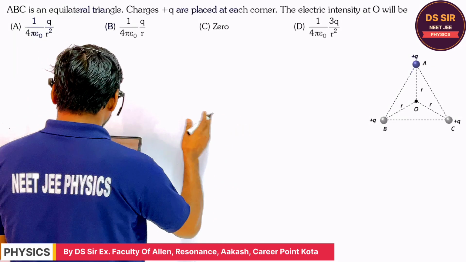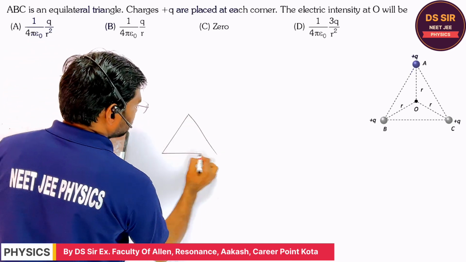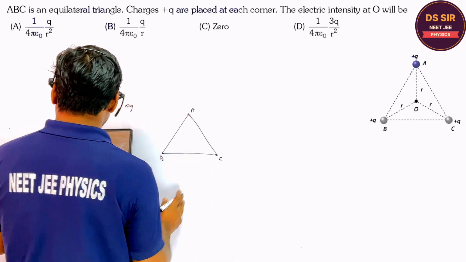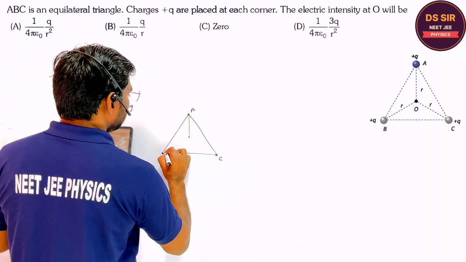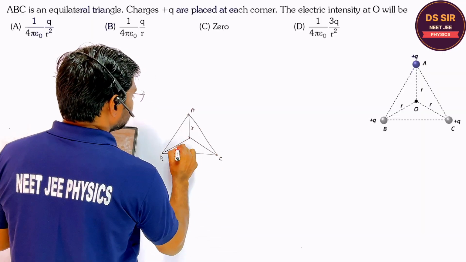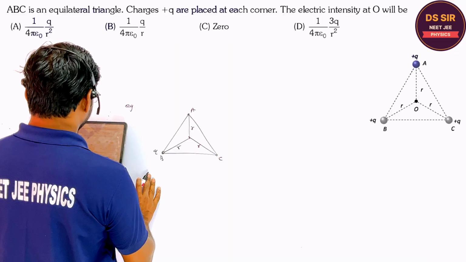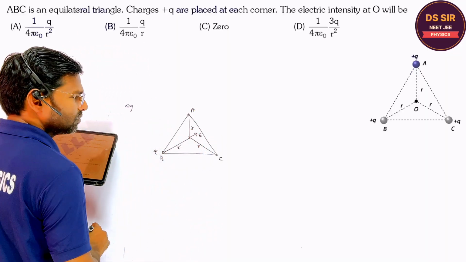So read this question. In this question, ABC is an equilateral triangle. This is A, this is B, this is C. In the equilateral triangle, the charges are placed and you have to find the electric field at the center if this distance is R. If this is the charge Q over there, because of this charge the electric field is in this direction.